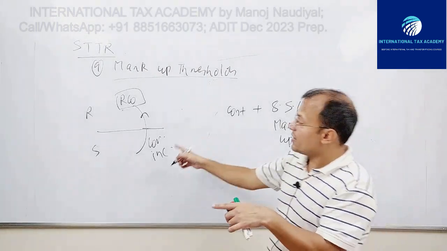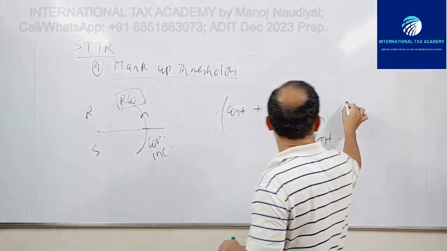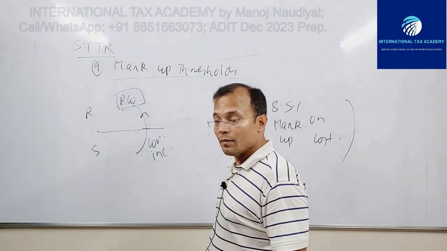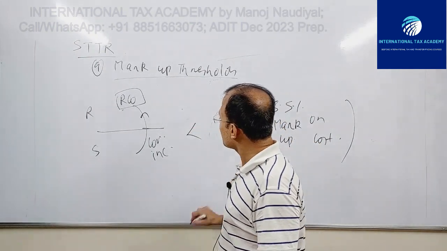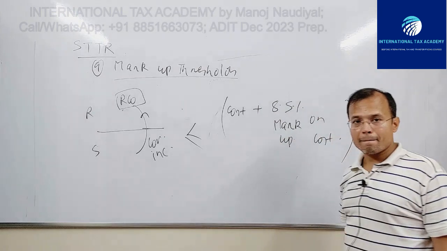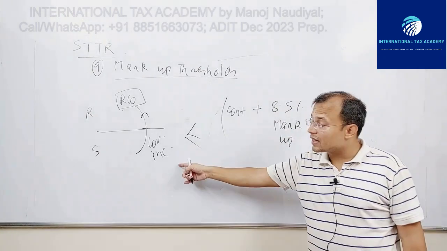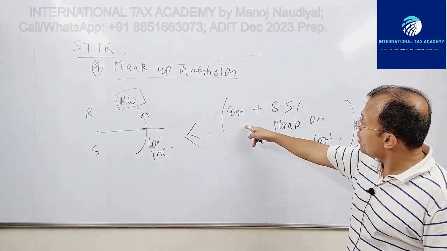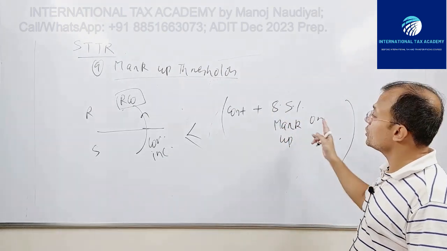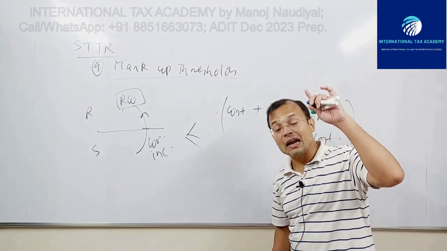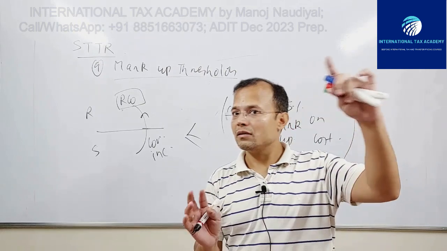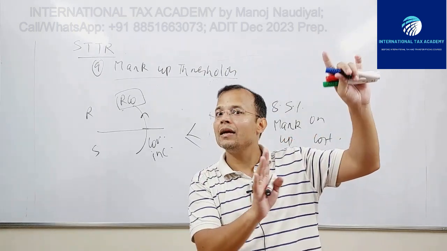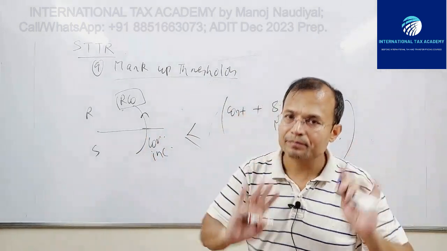If this covered income is less than or equal to the cost plus 8.5% markup on the cost, then paragraph 1 and paragraph 2, that is the taxing right given to S state, STTR will not be applicable.